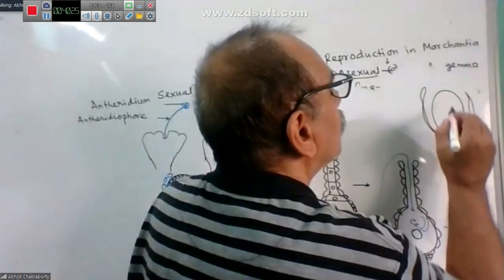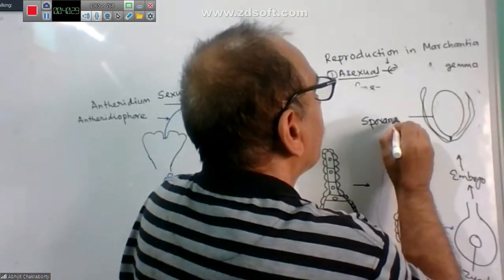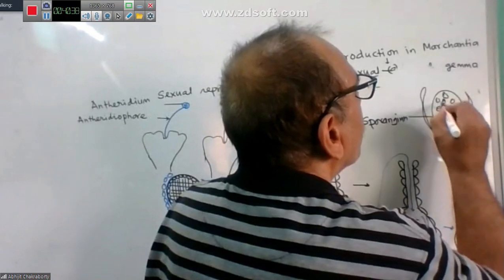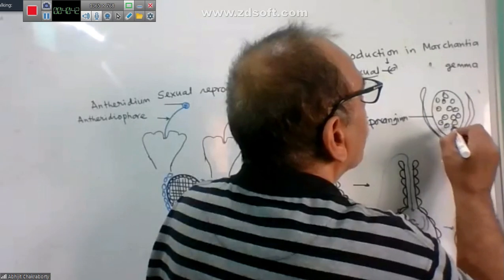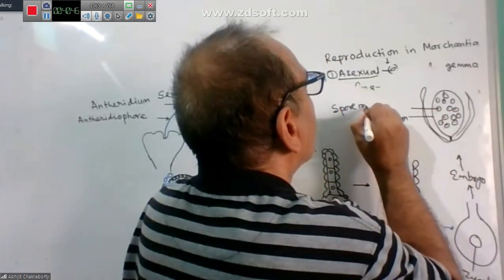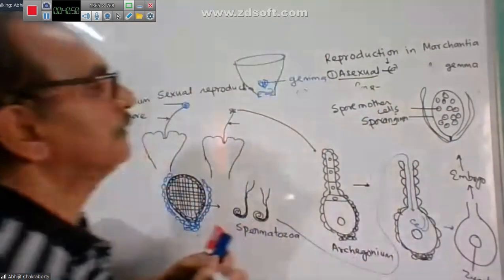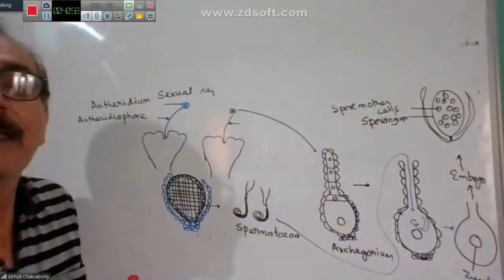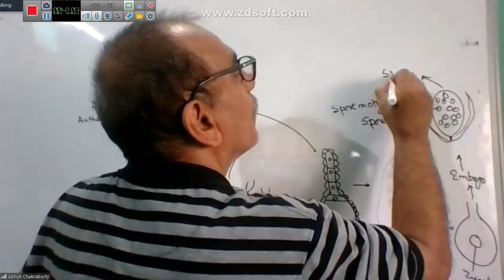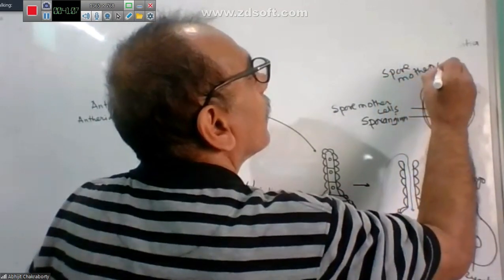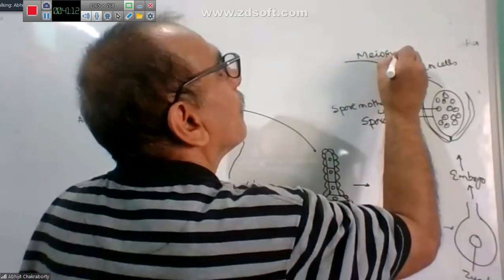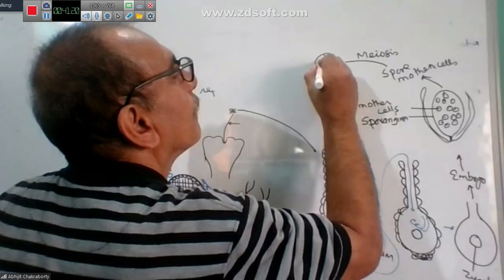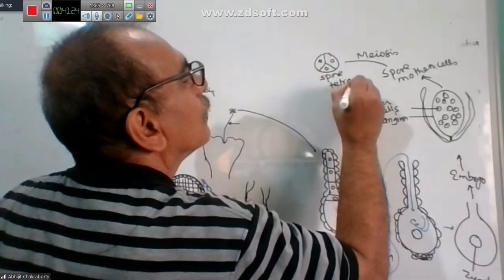So this structure is called sporangium. Inside the sporangium, you see, they are called spore mother cells. Then they undergo meiosis to produce spore tetrad.